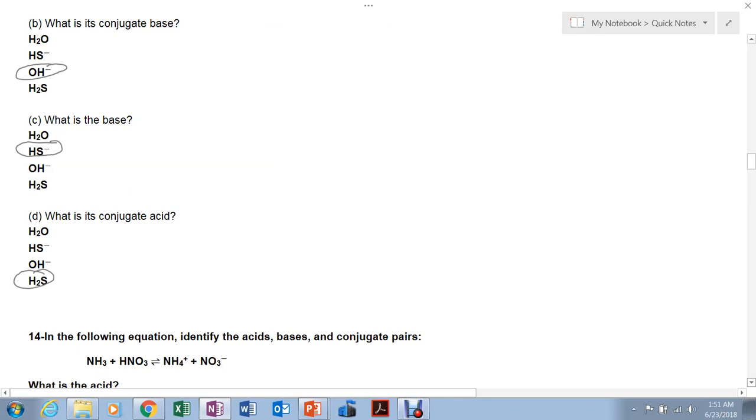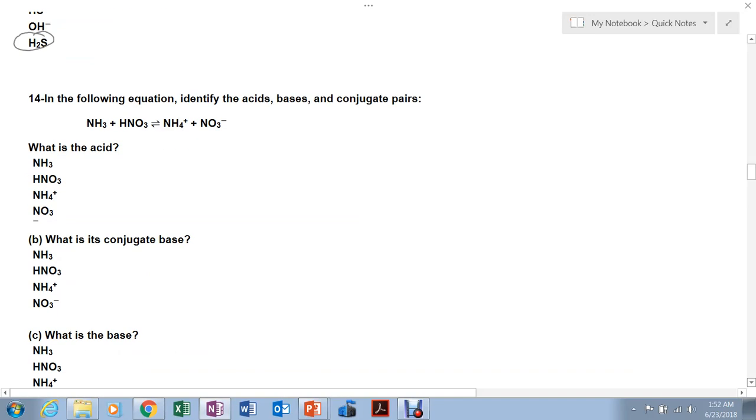Let's do 14. The same thing. What is the acid? Nitric acid. If you look, this is donating the proton to NH3, which is the base. And NH3 is amphoteric, it could act as a base or as an acid.